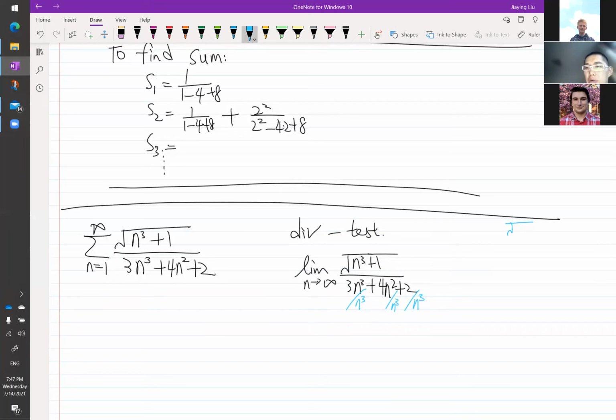So a square root divided by n cubed is equivalent to a square root divided by the square root of n to the 6th power, right? I hope you agree with me on that part. That is the same thing as the square root of whatever divided by n to the 6th. So when you divide by something that's not in the square root and put it in the square root, you have to double the exponent. So in the square root, we're going to have to add n to the 6th.